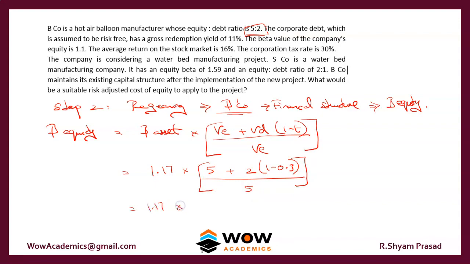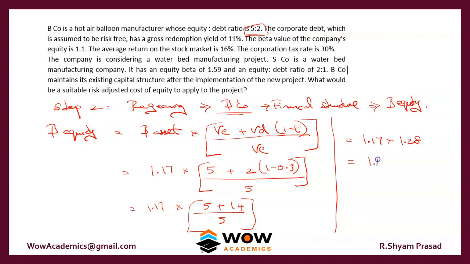1.17 into, so we'll solve the number. It's 5 plus 1.4. So we'll take the balance here, 1.28. So 1.17 into 1.28, we'll get the equity beta.